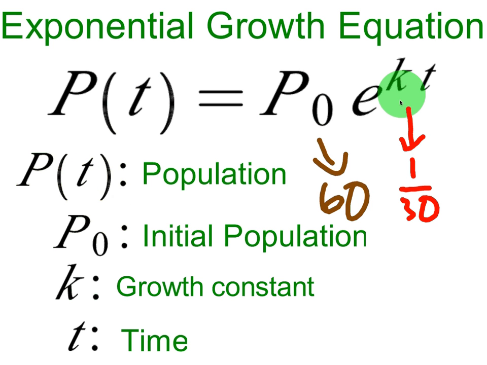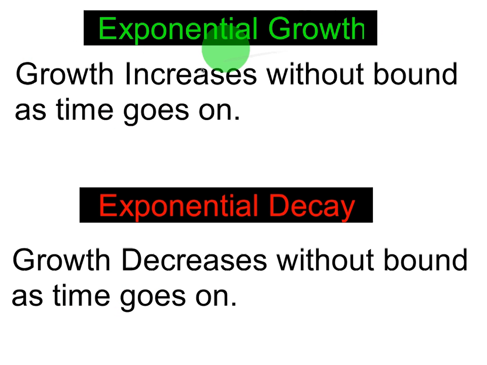So given that rate, you can easily deduce every time that it's the initial population or initial amount times e to the kt, where k is your growth constant. Keep in mind that exponential growth increases without bound as time goes on, and exponential decay decreases without bound as time goes on.